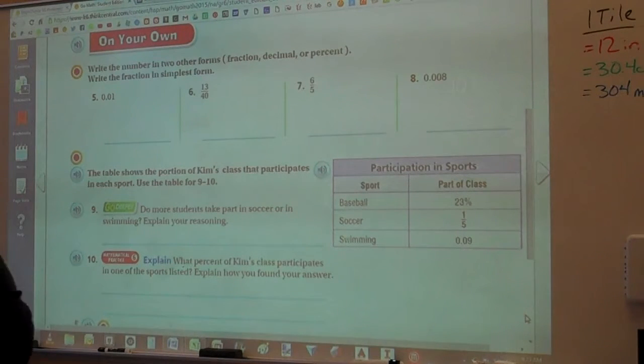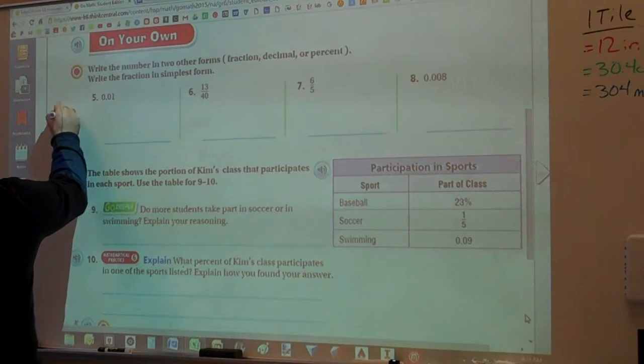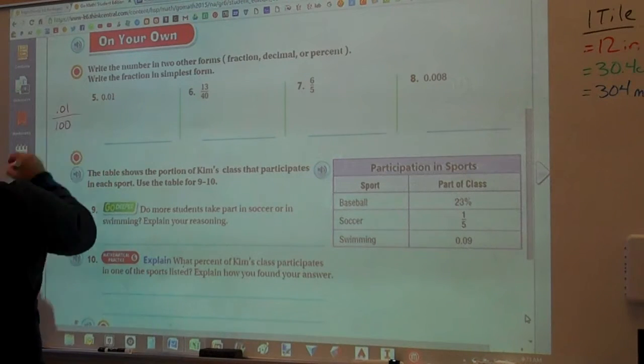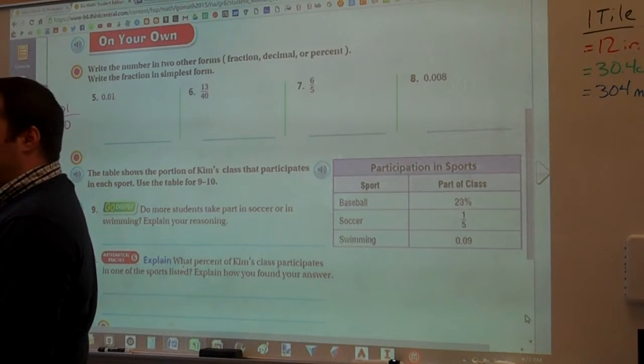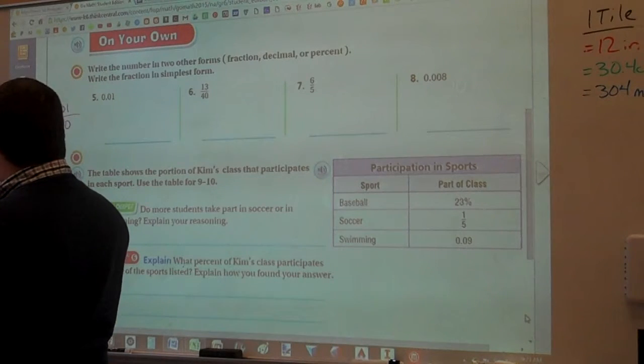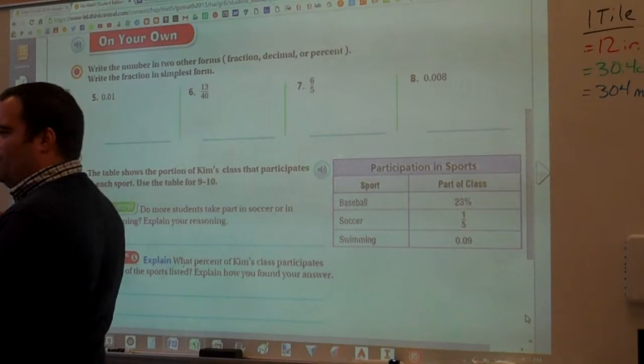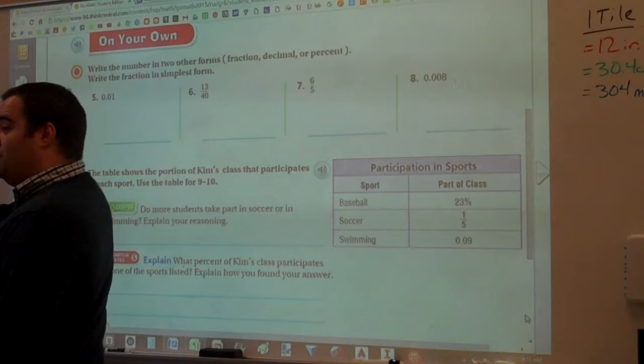0.01, well, that would be 0.01 over 100 if I'm writing it as a fraction. What do I have to multiply this by to get a whole number? 100.